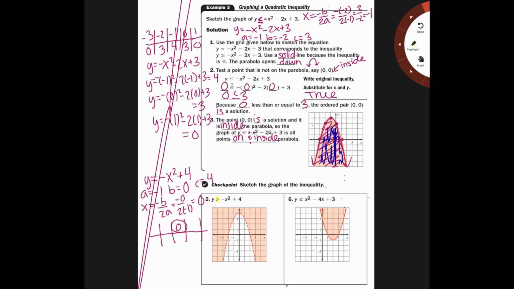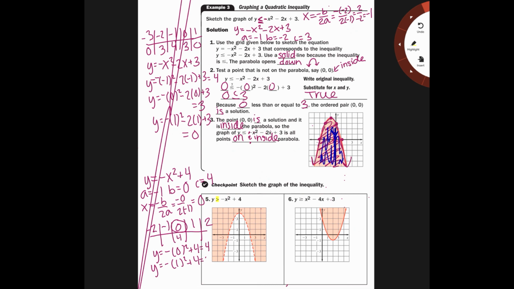So then 2 to the right is 1 and 2, and to the left is negative 1 and negative 2. Okay. So to plug in 0, I have y is equal to negative 0 squared plus 4, which is a 4. For 1, y is equal to negative 1 squared plus 4, which is a 3.